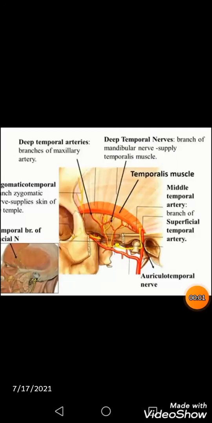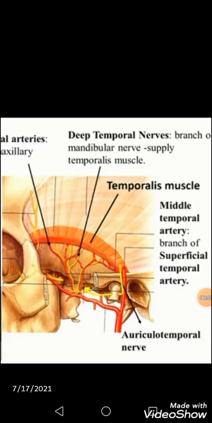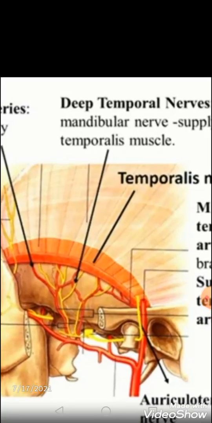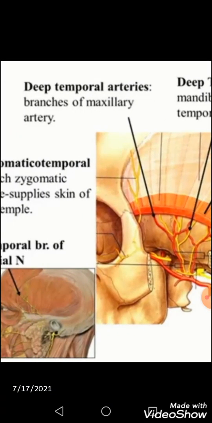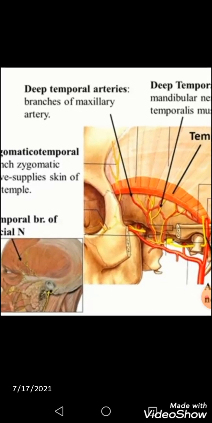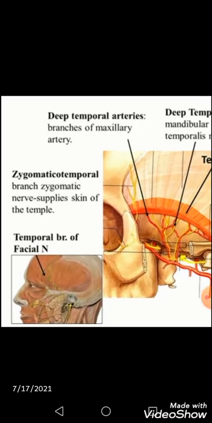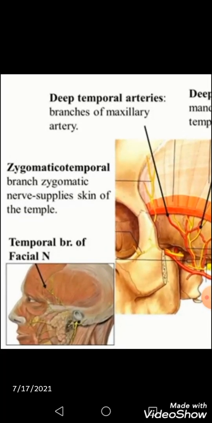We have to learn the contents of the temporal fossa. First of all, the temporalis muscle. Next comes the deep temporal nerve, a branch of the mandibular division of the trigeminal nerve. Then you can see deep temporal arteries coming from the maxillary artery. Then you can observe the zygomatico-temporal branch of the zygomatic nerve, which is also present in the temporal fossa.